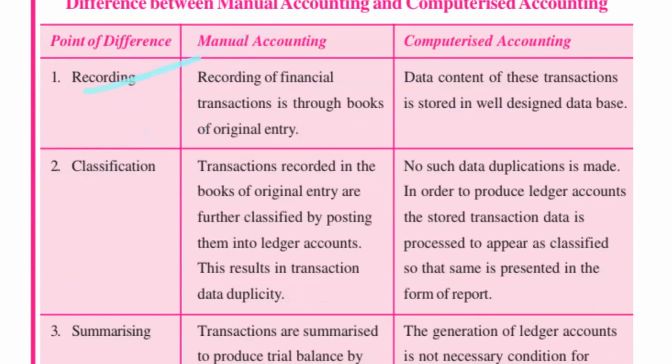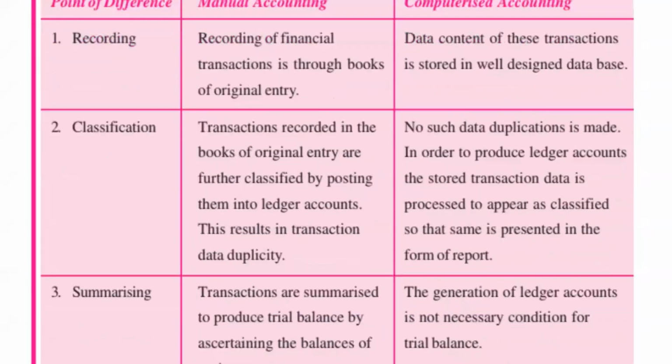Manual system means with the help of pen and paper. Under the manual accounting system, you record the transactions in the books of original entry like journal and other subsidiary books. In computerized accounting system, this data is stored in a well-designed database.